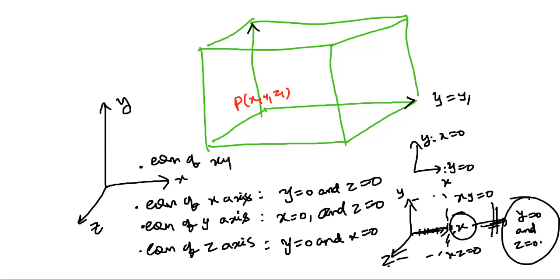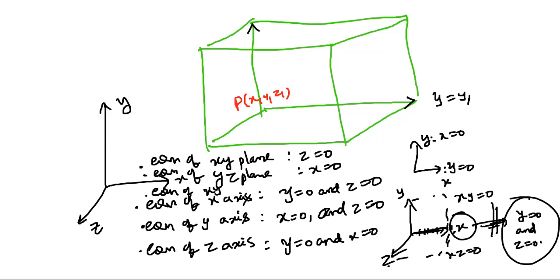Equation of xy plane: z equal to 0, every point in the xy plane will satisfy z equal to 0. Equation of yz plane: x equal to 0. Equation of xz plane: y coordinate equal to 0.